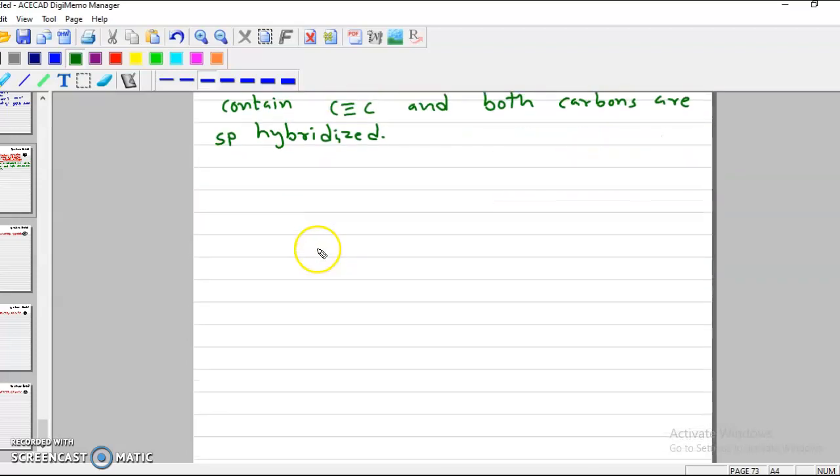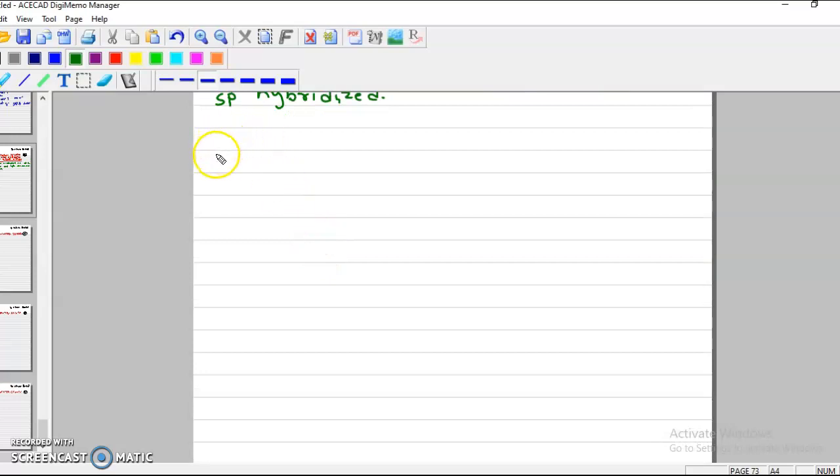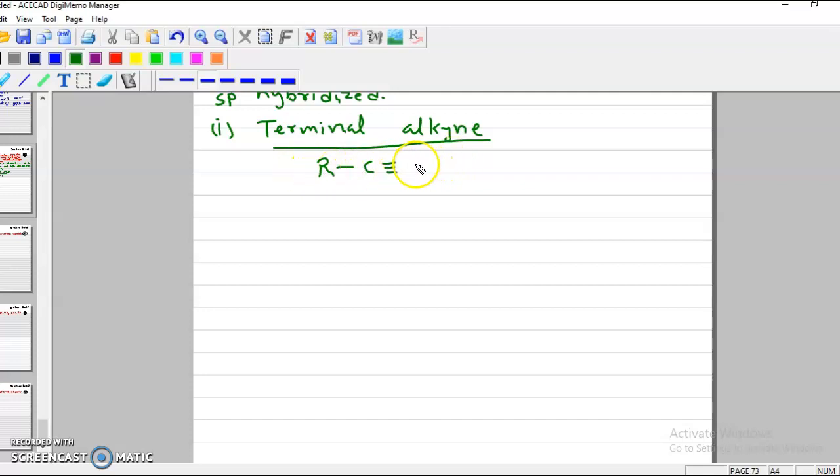There are two types of alkyne. The first one is known as terminal alkyne. Terminal alkyne means there may be a long chain of carbon with one end like R, but at another end you will find hydrogen.